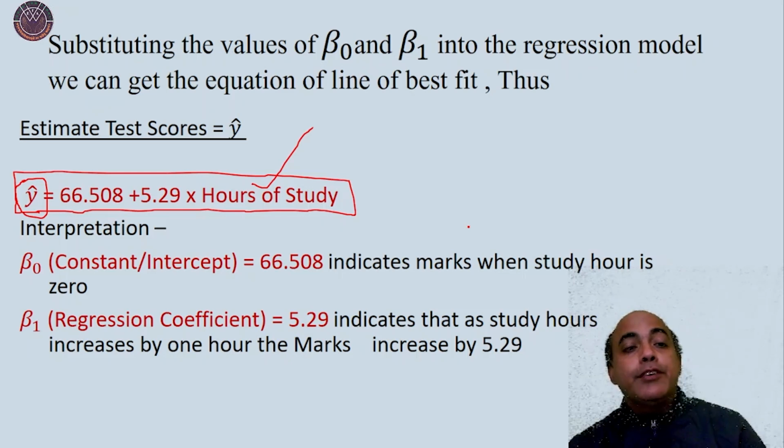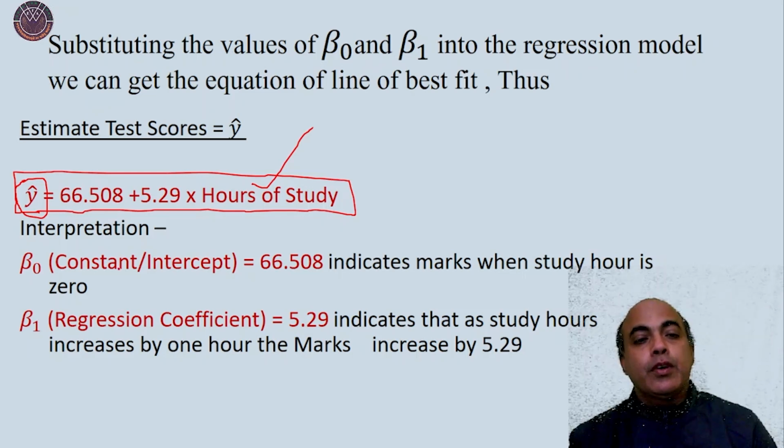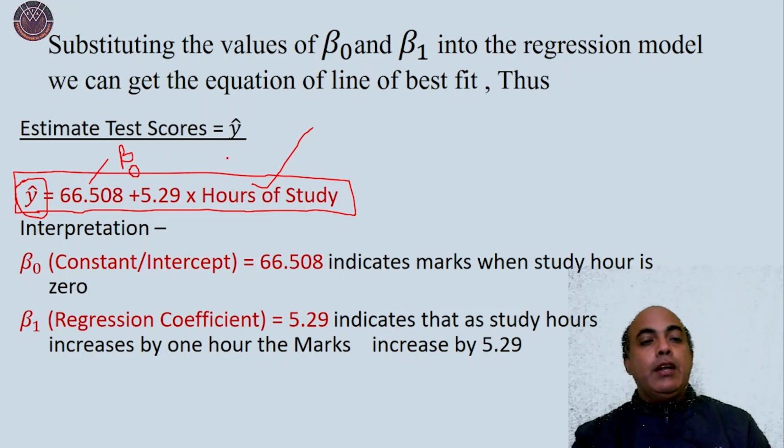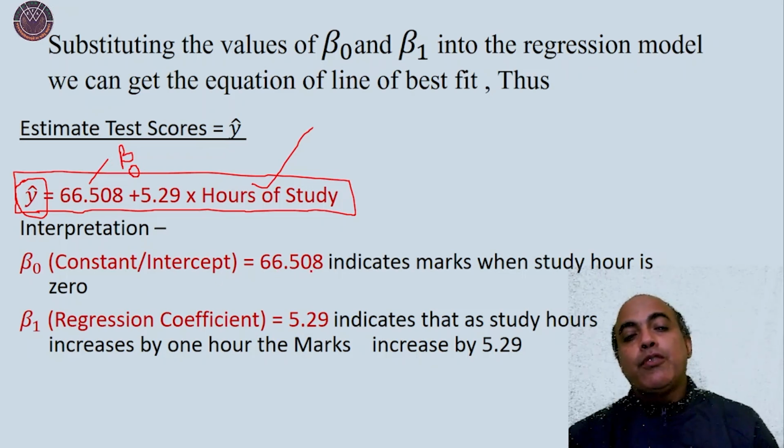So how will we interpret this equation? This is beta 0, as in the equation I told you earlier. Beta 0 is 66.508, which indicates the marks when study hours is 0.